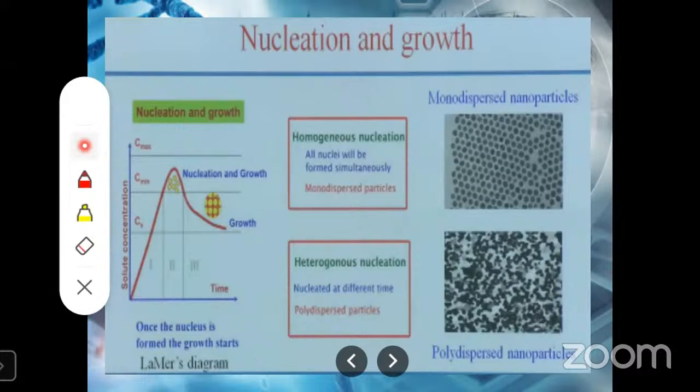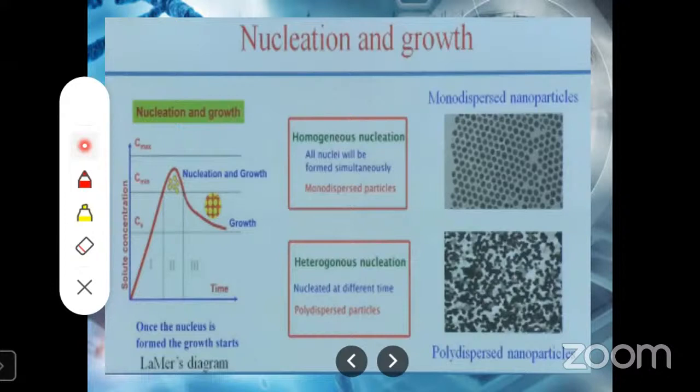So let us see the picture here. Lamer's diagram, time versus solute concentration. Once the nuclei are formed, the growth will start. If the nucleation is homogeneous, all the nuclei form simultaneously, and you will get monodispersed particles, meaning uniform size particles.